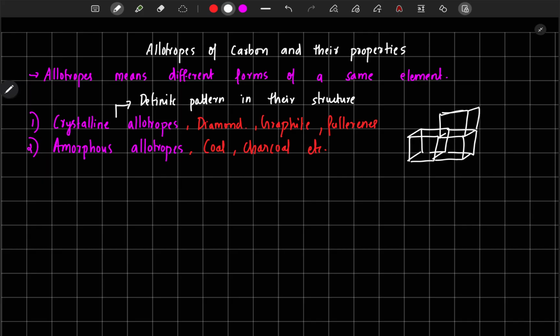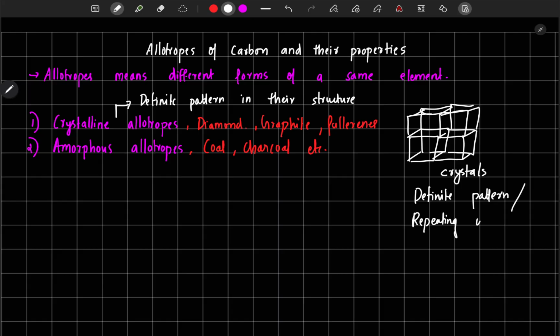Whenever we see such patterns, we call them crystalline in nature. We also call them crystals. So whenever you hear the word crystal or crystalline, understand that there is a definite pattern in their structure, a repeating unit.